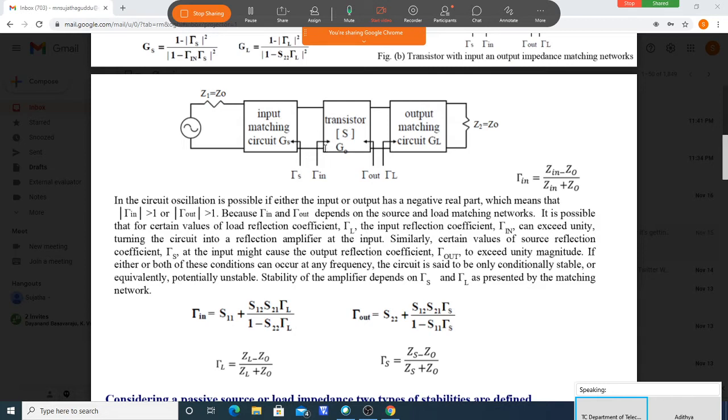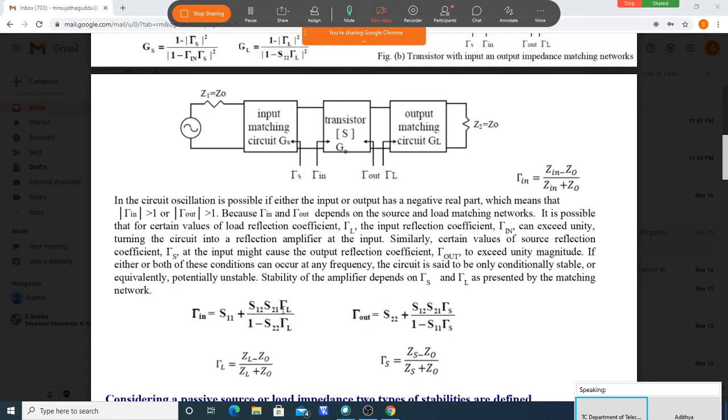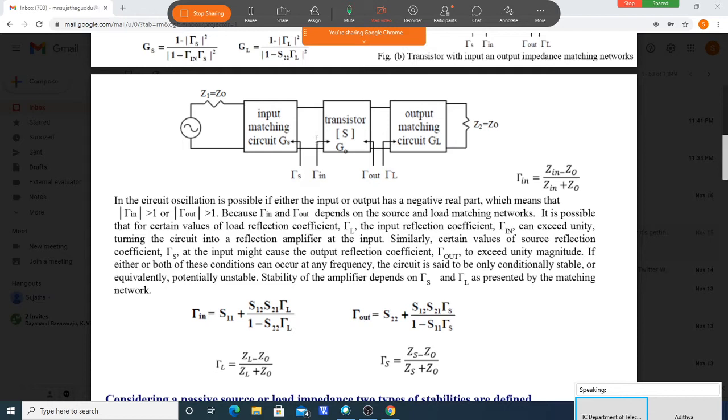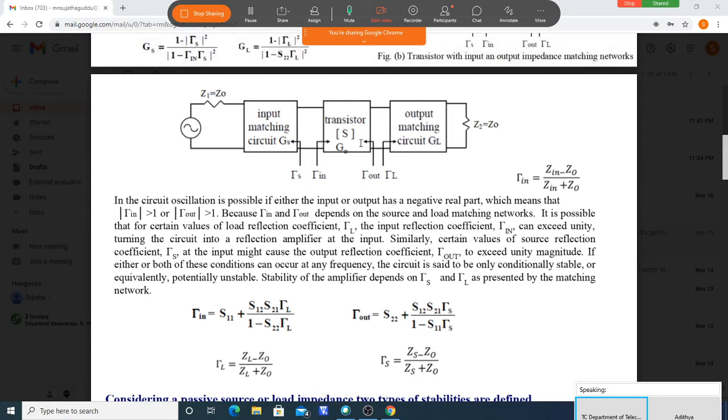So when do we get that the outgoing wave is greater than that? That is S12. That means a part of the signal may enter from the output side to the input side. See, a signal may enter like this and come here. So we are inputting a signal here, and that may enter because of a reflection from here.